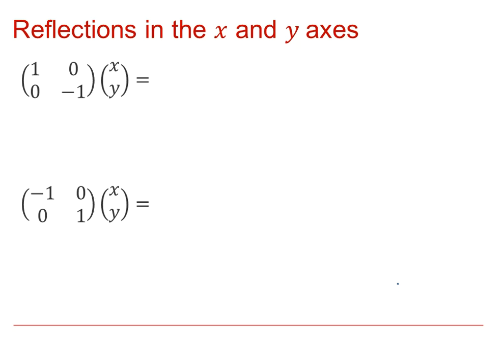So here we've got (1, 0; 0, -1) times (x, y). So (1, 0) times (x, y) is x. (0, -1) times (x, y) is -y. And we can see, looking at this, that the x-coordinate stays the same, but the y-coordinate has reversed its sign. So this is a reflection in the x-axis.